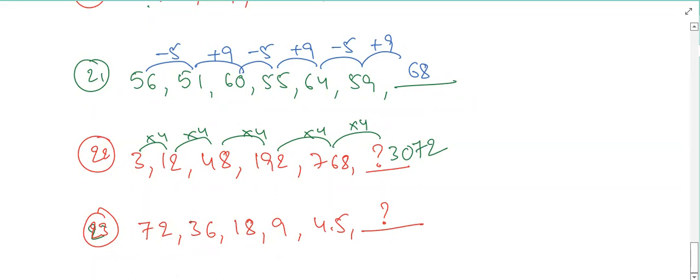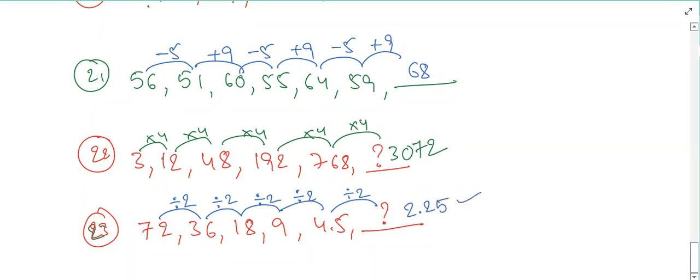Sir, we divide it, right? Okay, tell, what is the factor? Factor is 2. Divided by 2, and here it is divided by 2 also. Again 2. 9 by 2 again is 4.5. 4.5 divided by 2 is our answer. How much is it? Sir, it is 2.25.